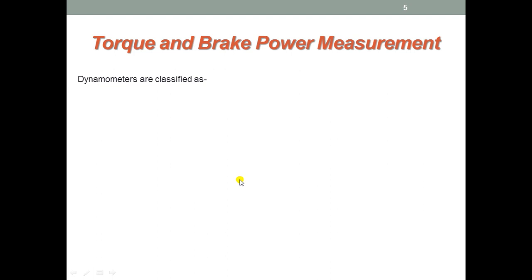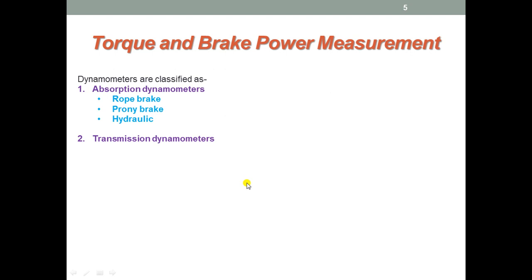This torque measuring device is called a dynamometer, and dynamometers are generally classified as absorption dynamometers and transmission dynamometers. Among absorption dynamometers we have rope brake, Prony brake, hydraulic and eddy current.